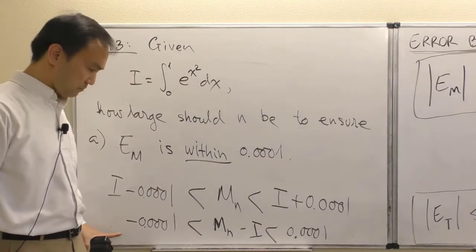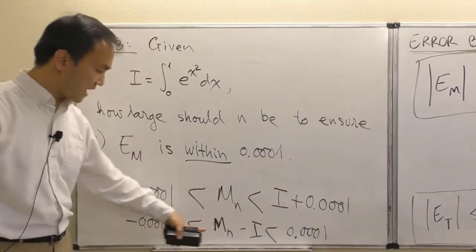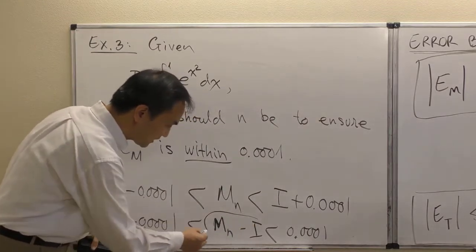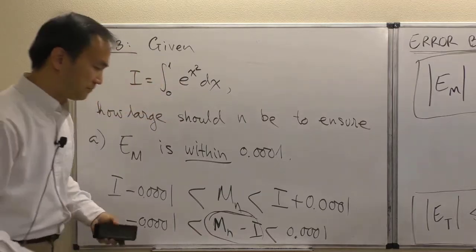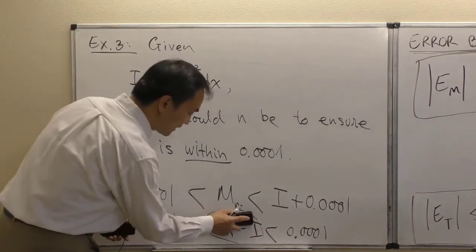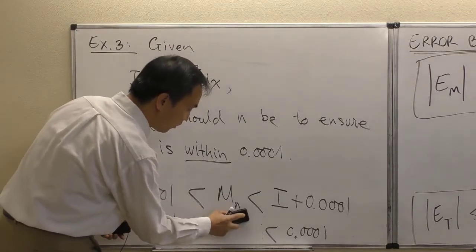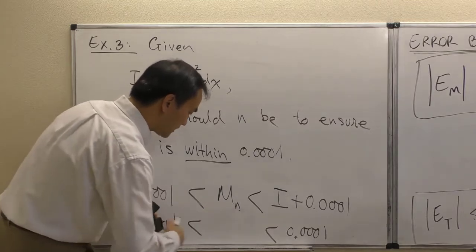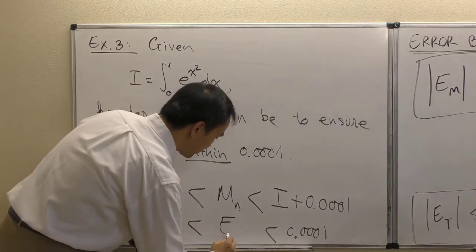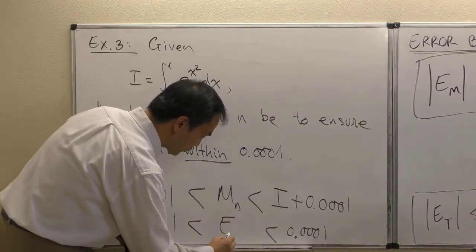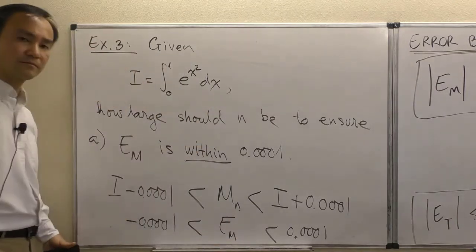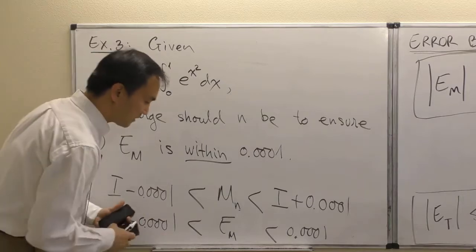So it's in this boundary. If we now recognize that this part right here is our EM, then what we want is that the amount of error produced by the midpoint rule has to be inside that interval.